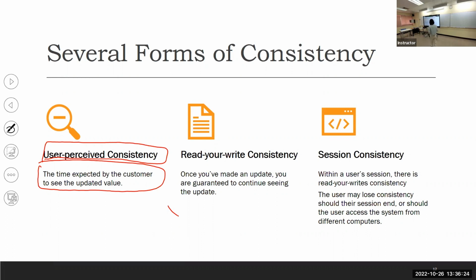Okay. And they even want read-your-own-write consistency to make sure that you will see your own update. You may not know whether others have seen your update or not, but you will see it, because then you feel relief that whatever change you make to the database, it has already been there.